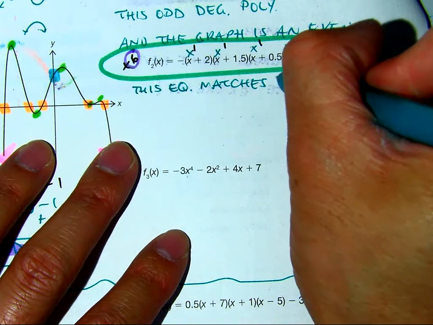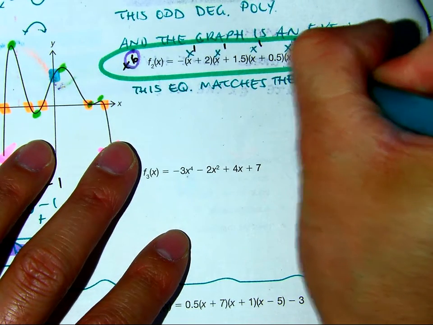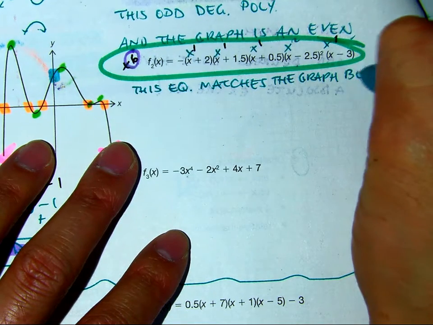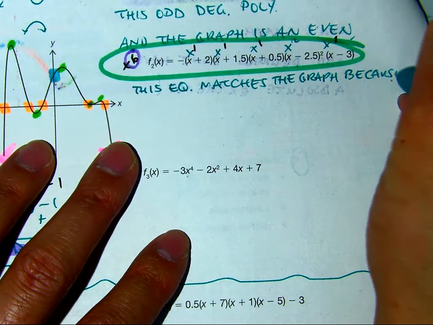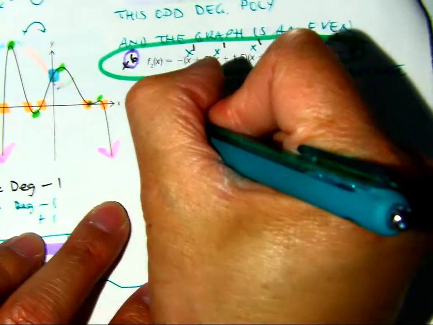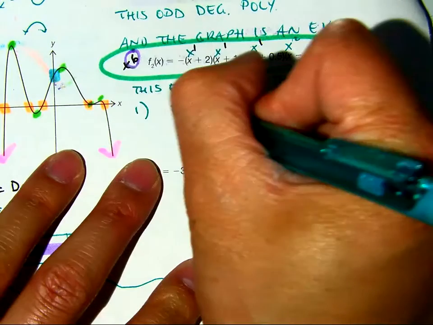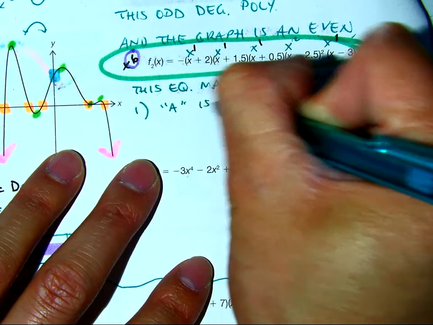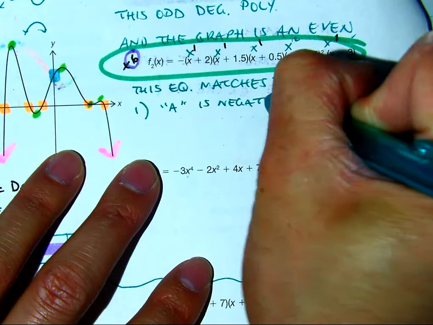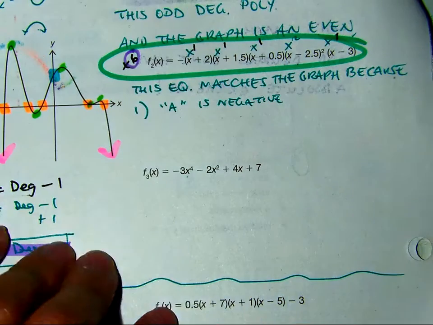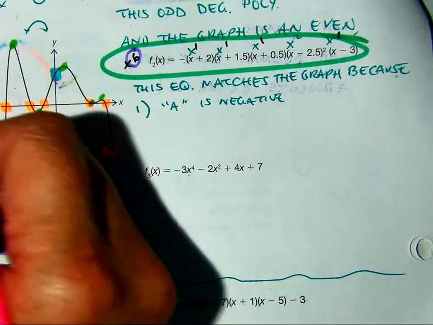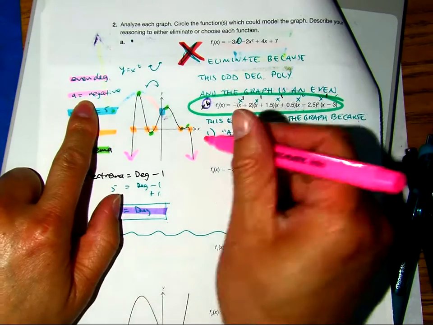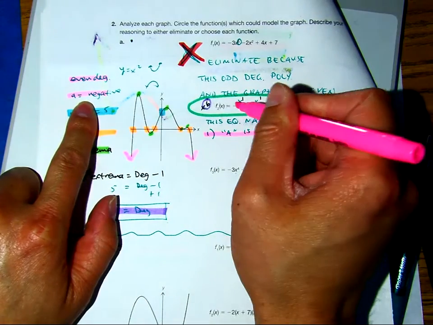This equation matches the graph because the a value is negative. Let's make sure you see that in colors, right? We said a value is negative in pink. Here, we're saying it here, and we see it on the graph here.